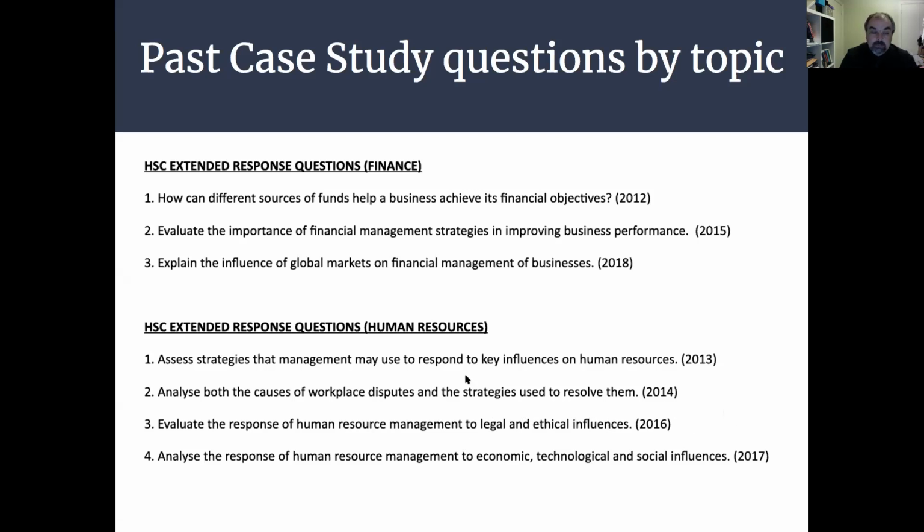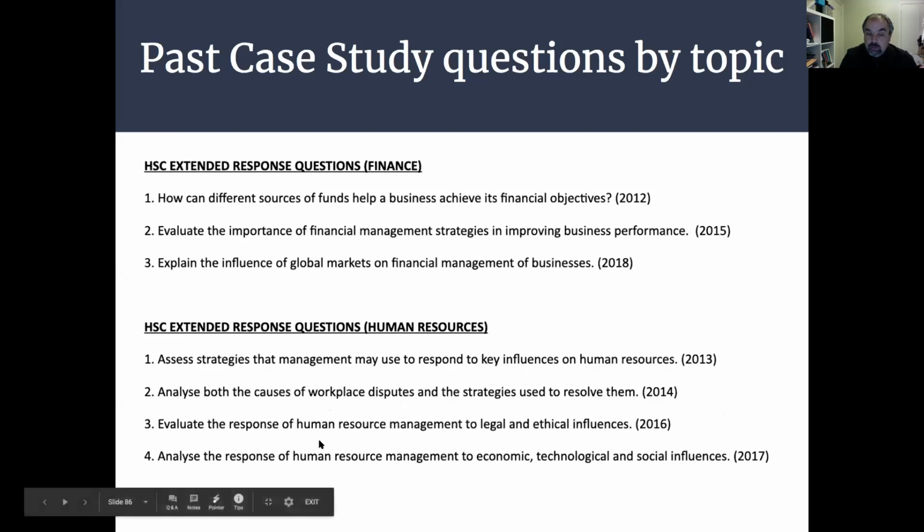And then in 2017, again, this response of HR to these specific influences. So again, it's almost like they've doubled down here where they've got 2 very similar questions. Again, the response, evaluate, analyse, pretty high order. This is legal and ethical, but this is economic, technological and social. So looking at the other influences that weren't tested.